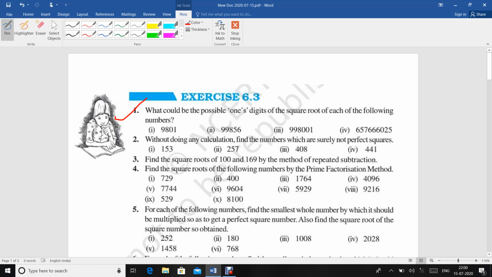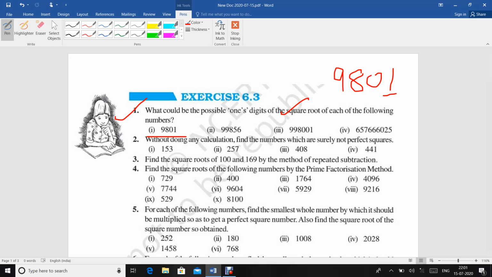Question number 1 is, what could be the possible ones digit of the square root of each of the following numbers? I explained the square root to you, so for this you have to tell the ones digit of the square root of each of the following numbers. Here you have 9801, and you have to tell the ones digit of the square root.